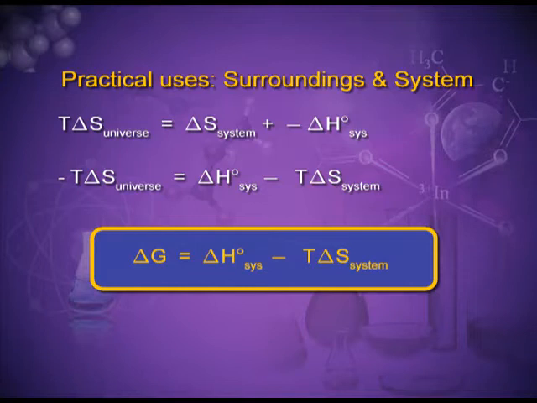Gibbs energy is also a state function. That is, it depends upon the initial and the final state of the system and not on the path by which that change has been achieved. It is also an extensive property. It depends upon the amount of matter contained in the system.